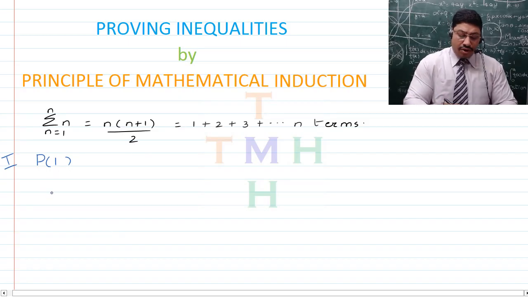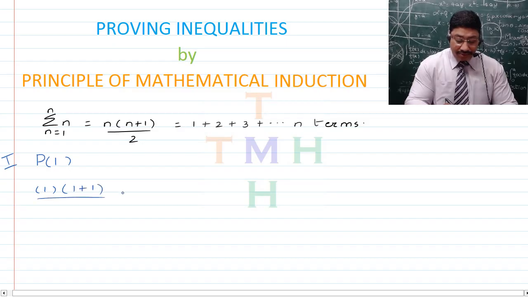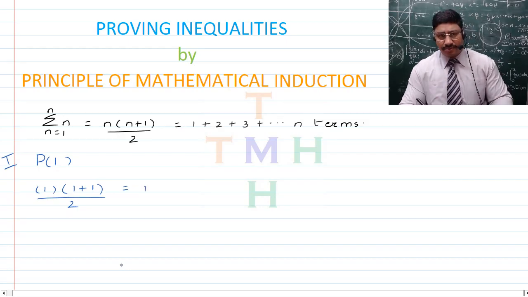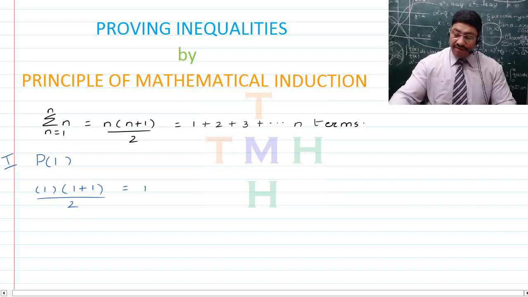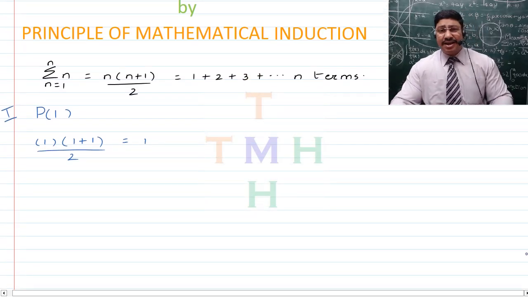So here when we talk about P1, obviously you will now be talking about the left hand side to be, in place of n, 1 kept, so that will be 1 times 1 plus 1, right? And it is going to be divided by 2. Now if we talk about the right hand side, we actually just take up one term, right? That is 1. So now if we are able to prove that the left hand side also comes to 1, we can say that the statement P1 is true, right?